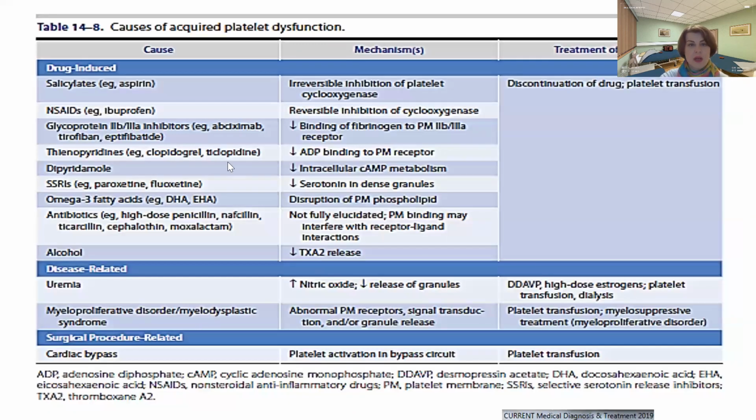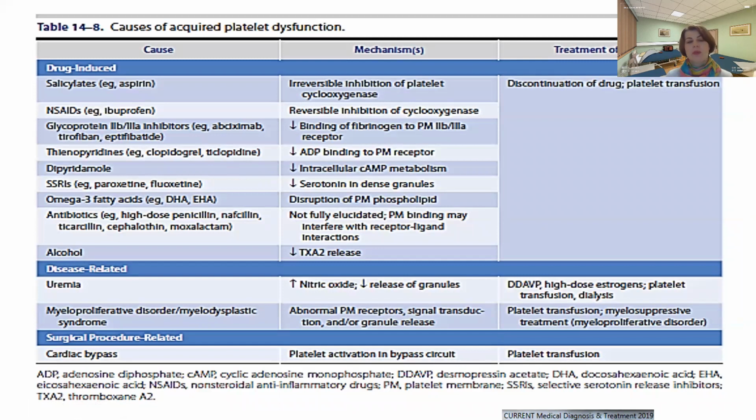So causes of acquired platelet dysfunction include, except drug-induced, which is the most common one, salicylate and NSAIDs, dipyridamole for example, and some antibacterial drugs. Also, a cause is alcohol due to the release of some toxic substances. Uremia is a disease-related cause due to increase of nitric oxide and decrease of release of the granules.